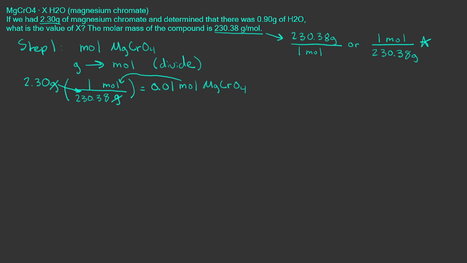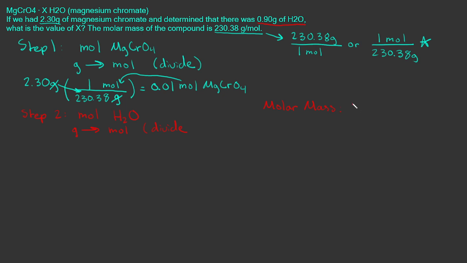Step 2 is always the same, which is that we want to find out how many moles of H2O we have. We do this by using the information that's given to us, which is the grams of H2O. That's how we convert between these two things. We're going from grams to moles once again, by dividing by the molar mass. So we need to know the molar mass of H2O.